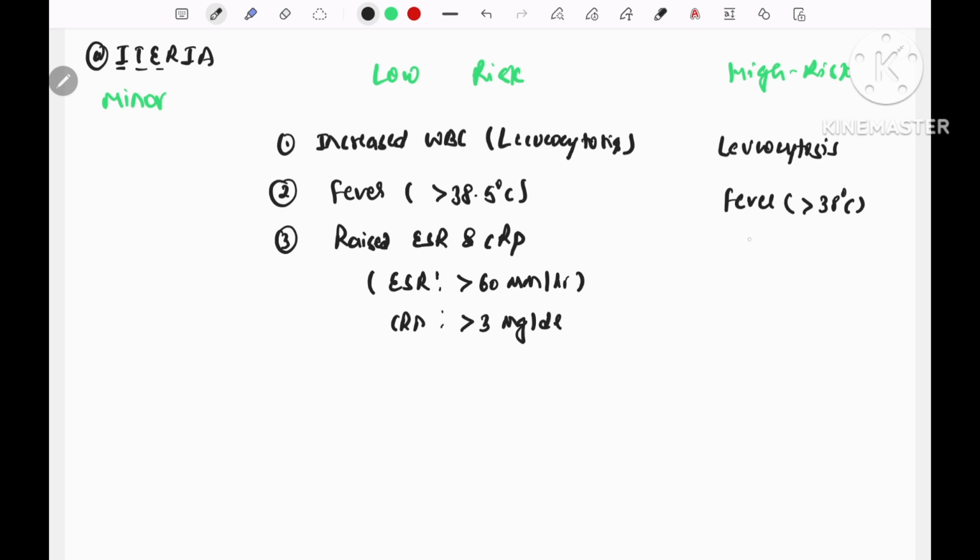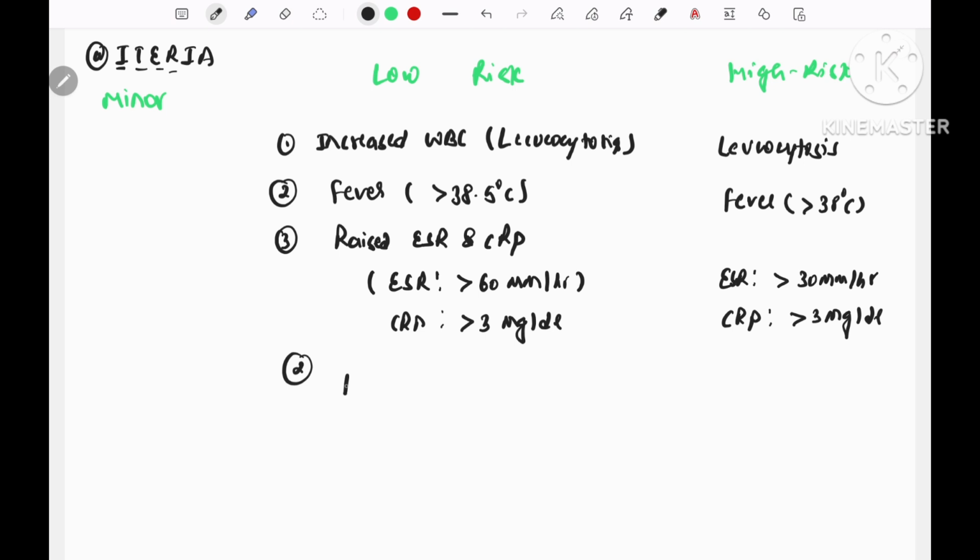In case of high risk, if ESR is just 30 mm per hour, then it can also be considered as a minor criterion in a high risk patient, and the value of CRP is the same, more than 3 mg per dl.